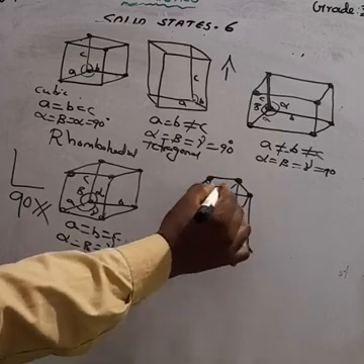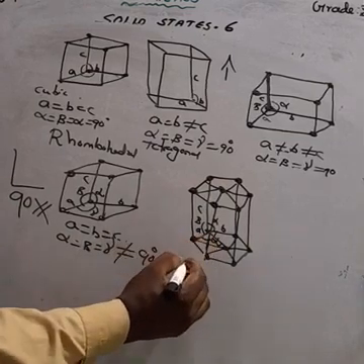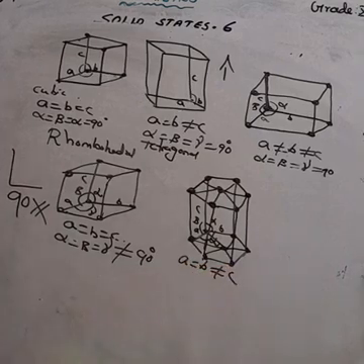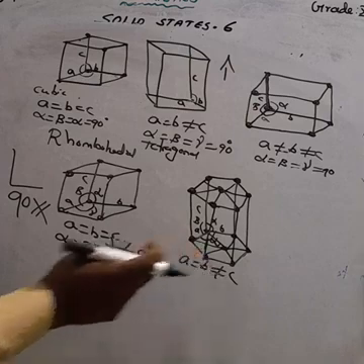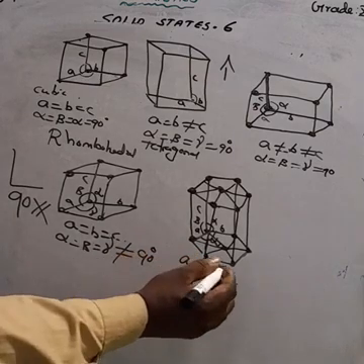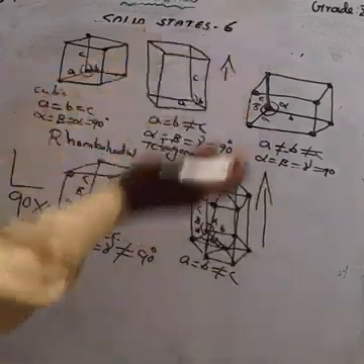Here, what about A? A is equal to B. B is not equal to C. The length A is equal to B. This is equal to this, almost equal. But C have some distance, am I right? B is not equal to C.